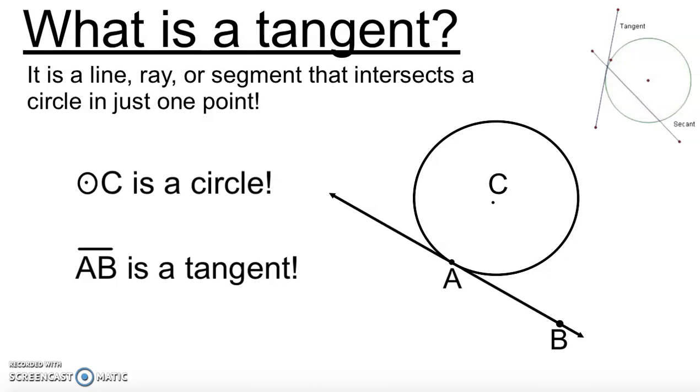So this was like my railroad engine and car example where the wheels of the railroad car are touching the lines of the track in just 1 spot. And that spot that's happening here is point A. So this point A is important. It's called the point of tangency. So when you've got an item touching a circle in 1 spot, that 1 spot where it's touching is called the point of tangency.